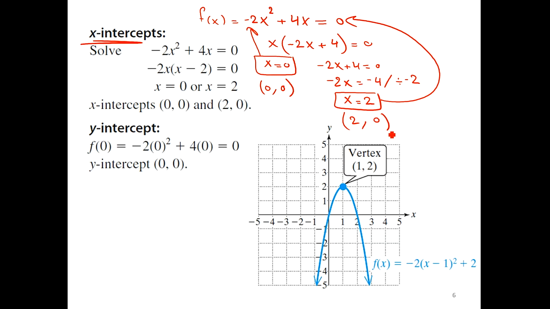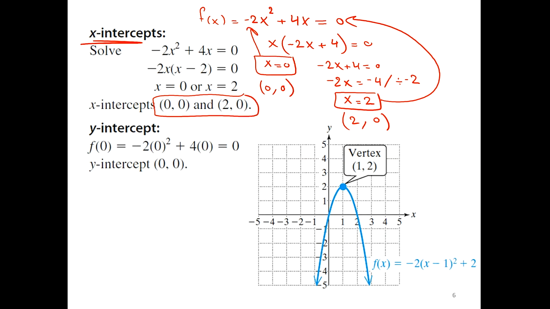If we get other than 0, this is not an x-intercept. So just to verify, if we substitute 0, we have 0. If we substitute 2, we have 0 also. These are the x-intercepts.